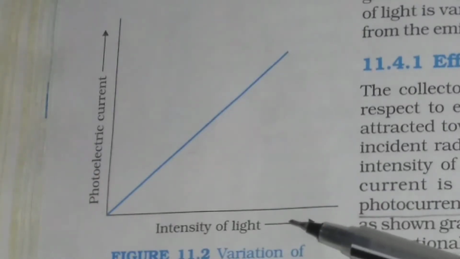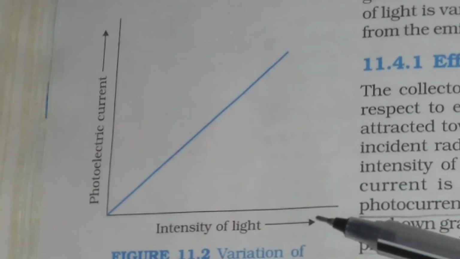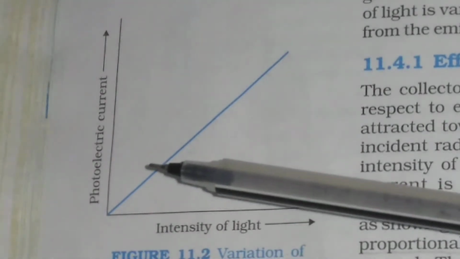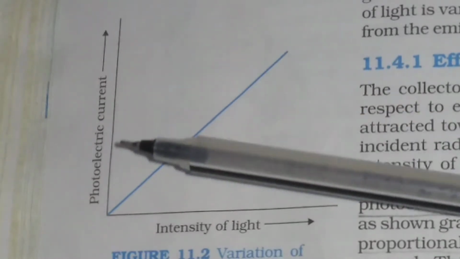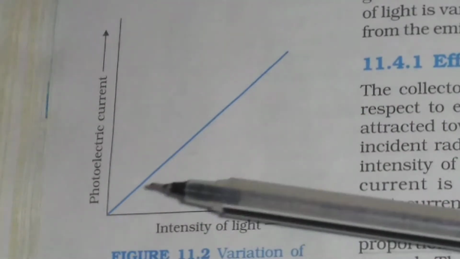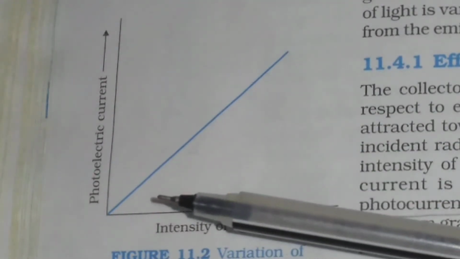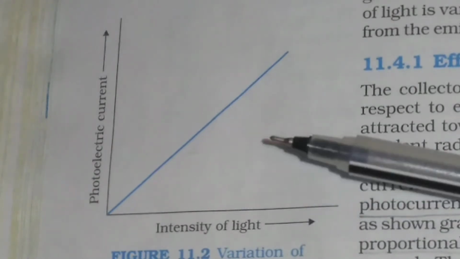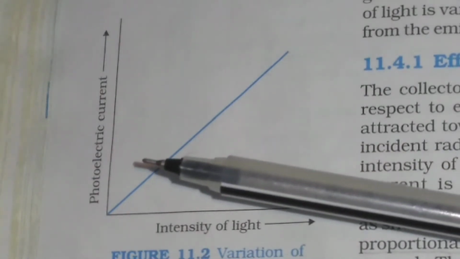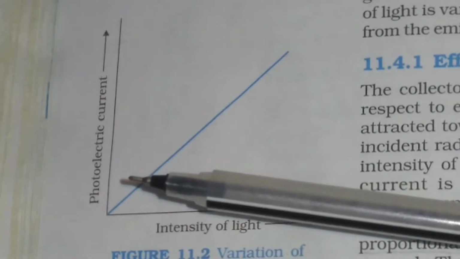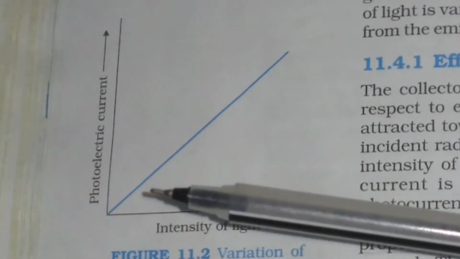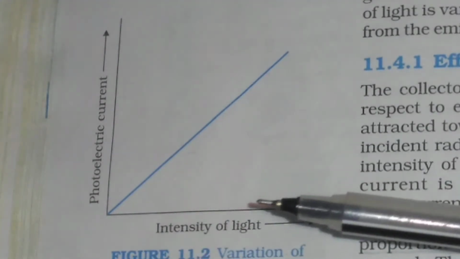If you plot a graph taking intensity of light along the x-axis and photoelectric current along the y-axis, then it will be a straight line. The photoelectric current varies linearly with intensity of light.